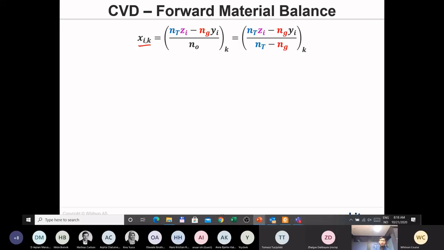So that's Xi, the equilibrium oil phase composition at each pressure stage pK. NT is the total moles at any given pressure stage. The forward material balance has more computation compared to the backward material balance.